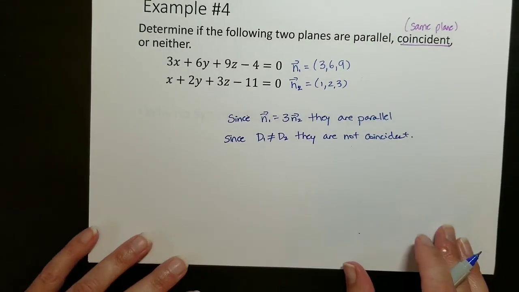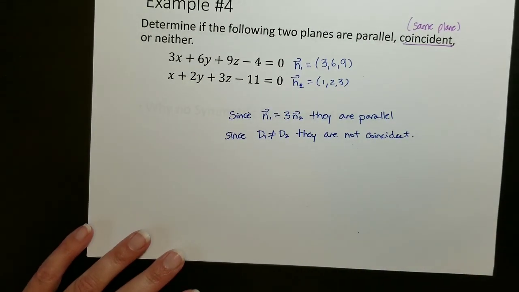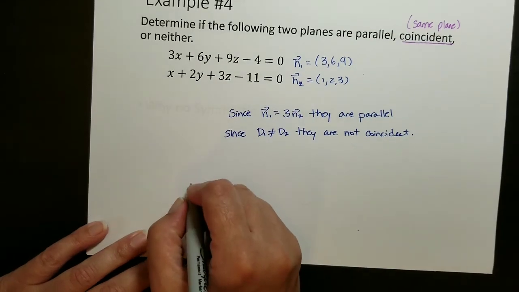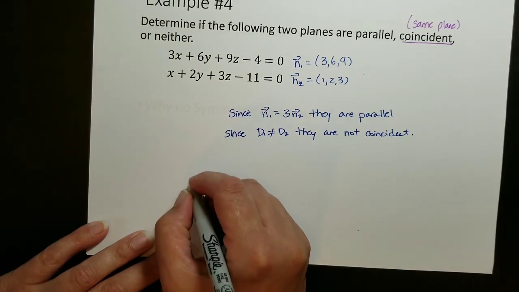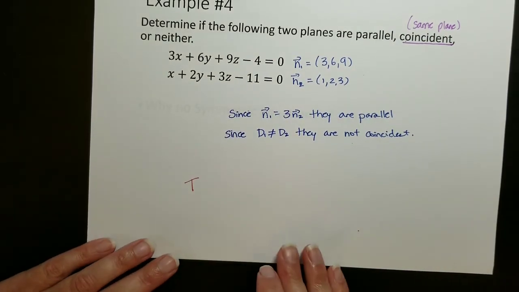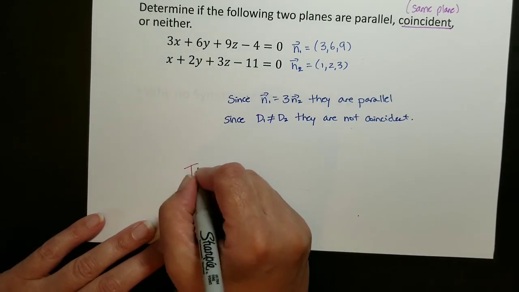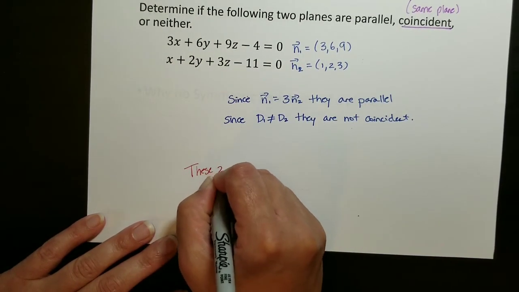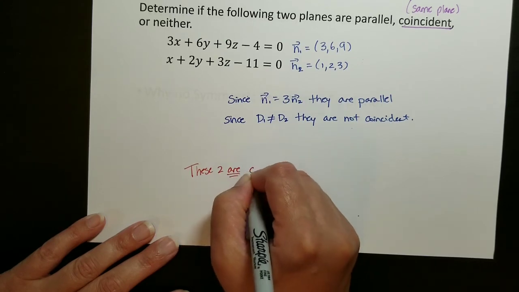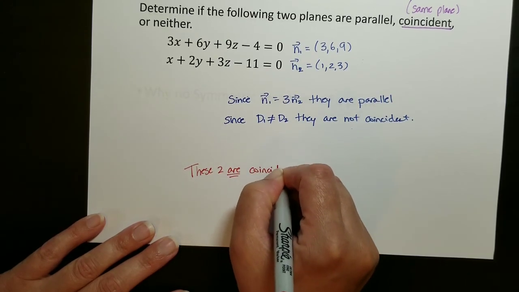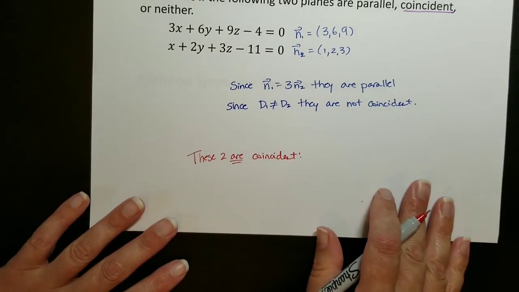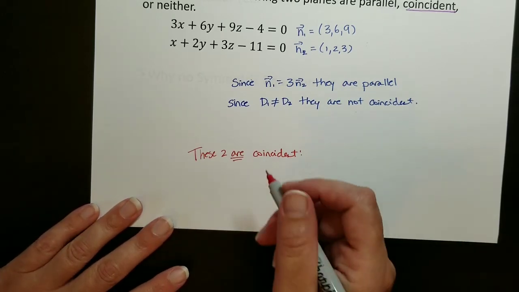So it is possible that two planes are coincident and just maybe not written in that standard form. For instance, I'm just going to give you a plane that is coincident.